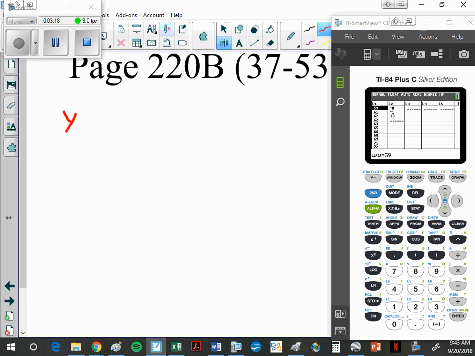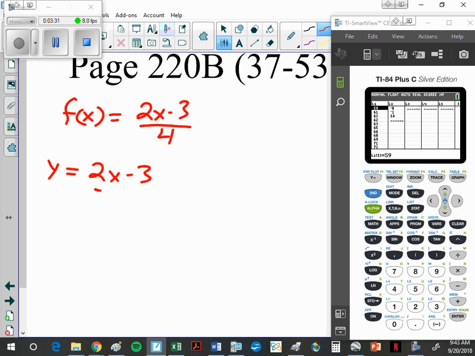So again, it's actually going to be f of x equals 2x minus 3 over 4. Okay? So y is equal to 2x minus 3 over 4. To perform the inverse, I turn every x into a y and every y into an x. So x equals 2y minus 3 over 4. Now I just solve for y.